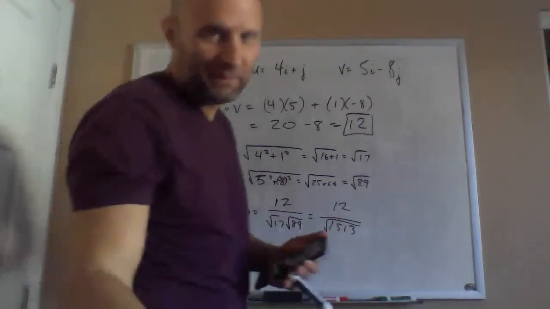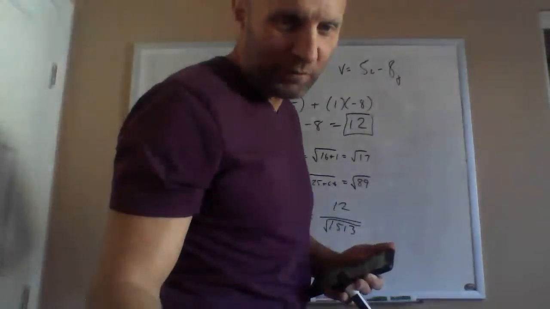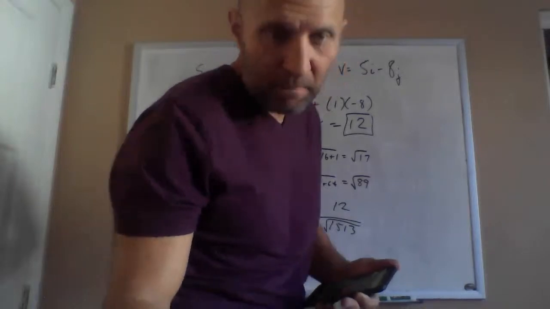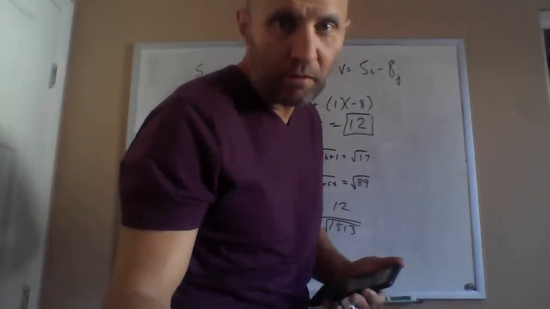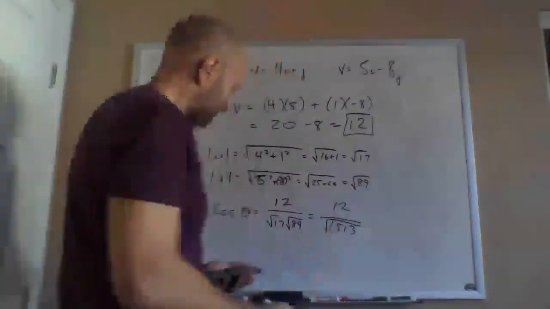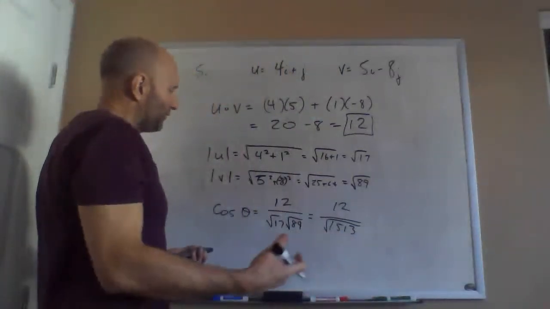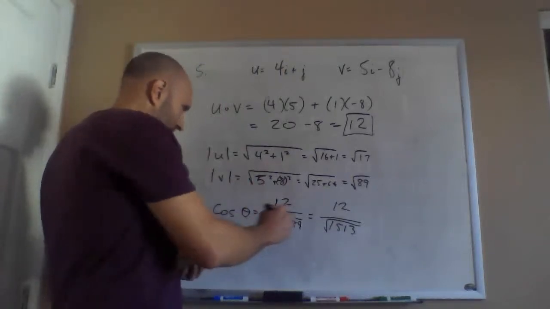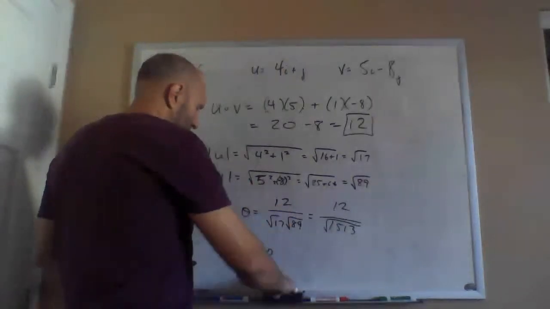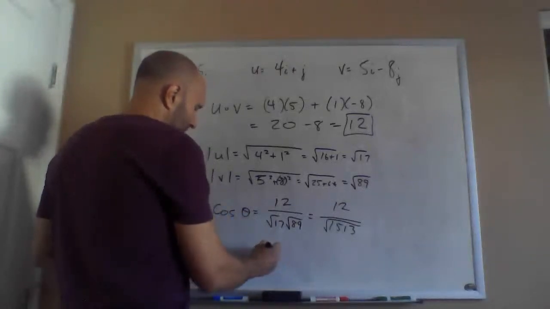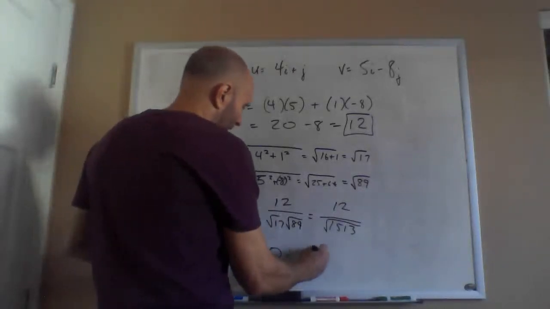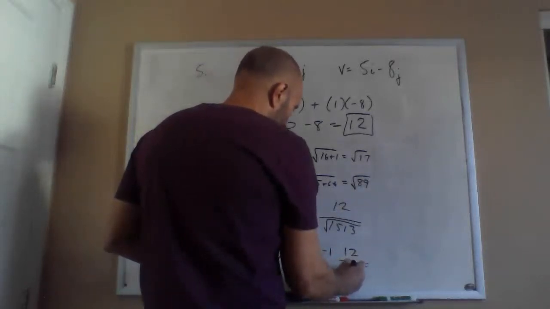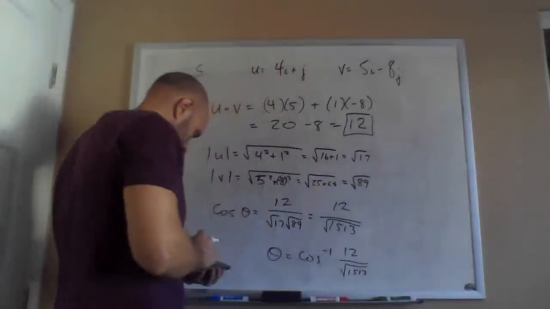Is this right? Let me check here. These are some horrible numbers. Oh, okay. Yep. So it's right. It's just really terrible numbers. So 12 over the square root of 1513. So divide that out. So what we want then, theta is cosine inverse of this guy, 12 over square root of 1513.